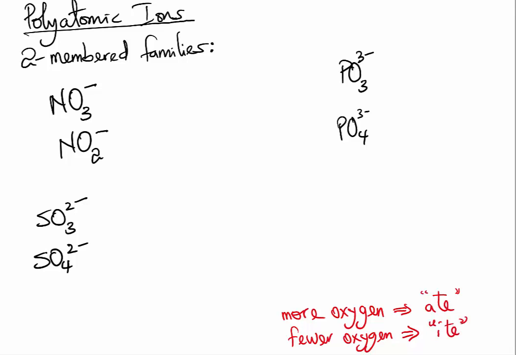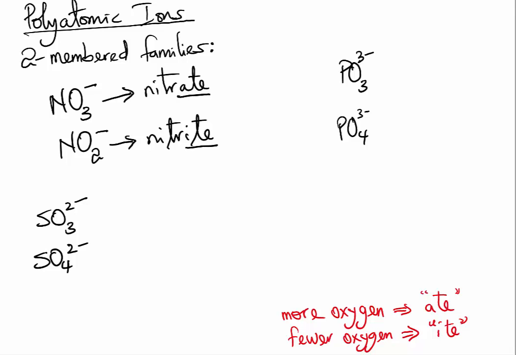It is that easy. So, for example, NO3 has more oxygen in it than NO2. So, the name of NO3 will be nitrate, ending with ATE because it is the member of the family that has more oxygen. Meanwhile, NO2 with fewer oxygen in it will be nitrite, which means it ends with ITE.